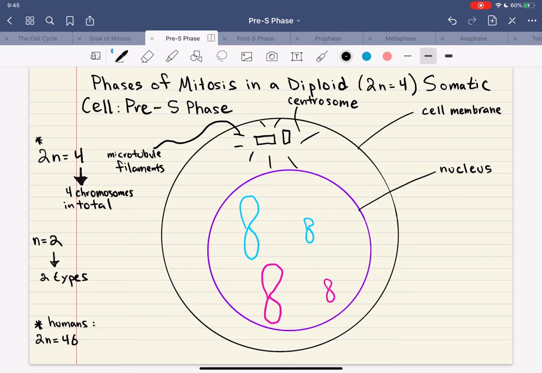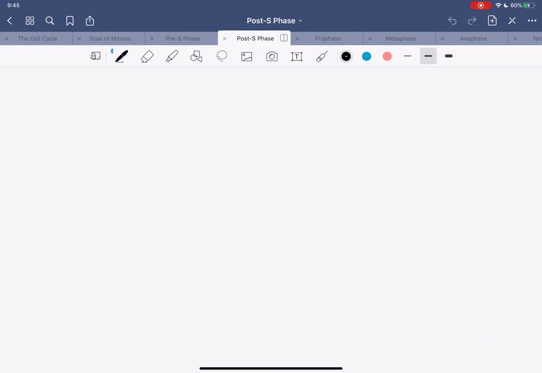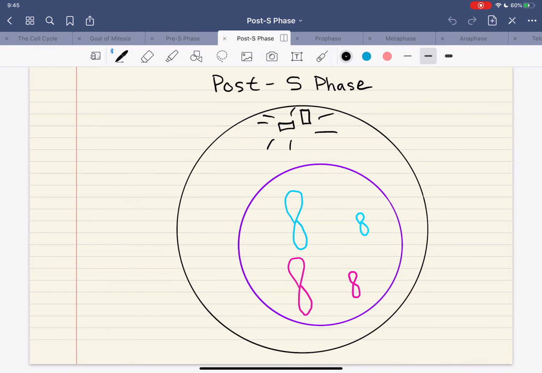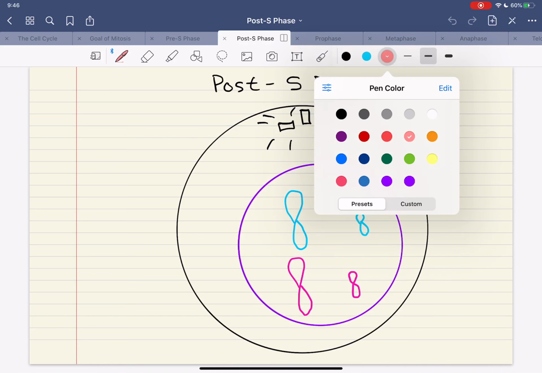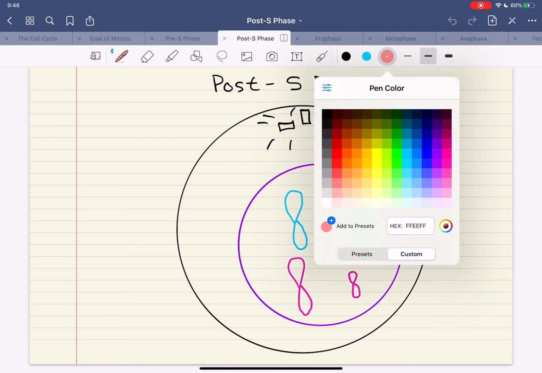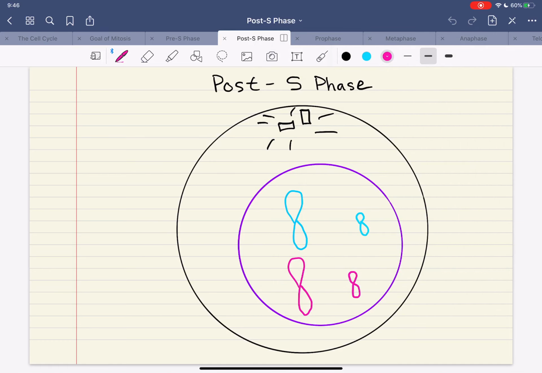So that's it. Now we're ready for the next drawing, which is we're going to pretend at this point that S phase has happened. So since S phase has happened, that means we've duplicated our chromosomes. So I need to change my colors here to make sure it matches up with the chromosomes that I already have drawn. So a little bit lighter. Something like that. So since we're after S phase, we have to show that all the chromosomes have been duplicated.